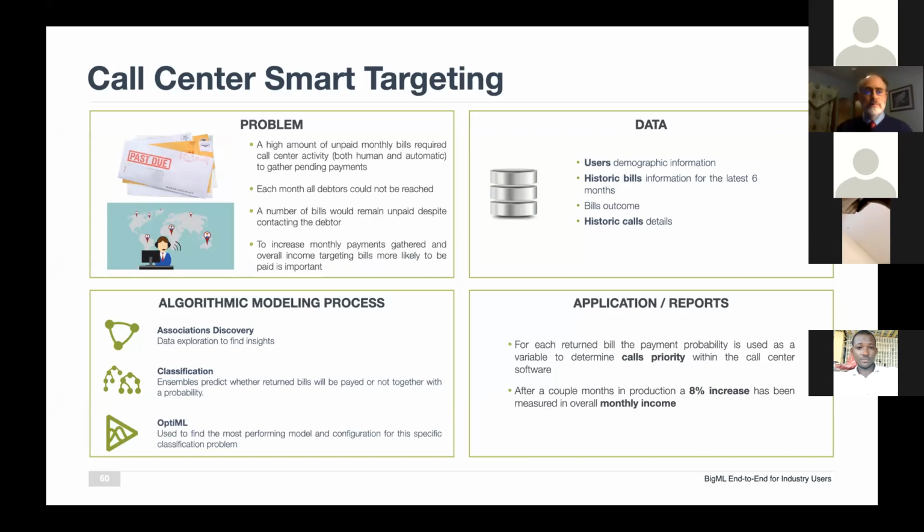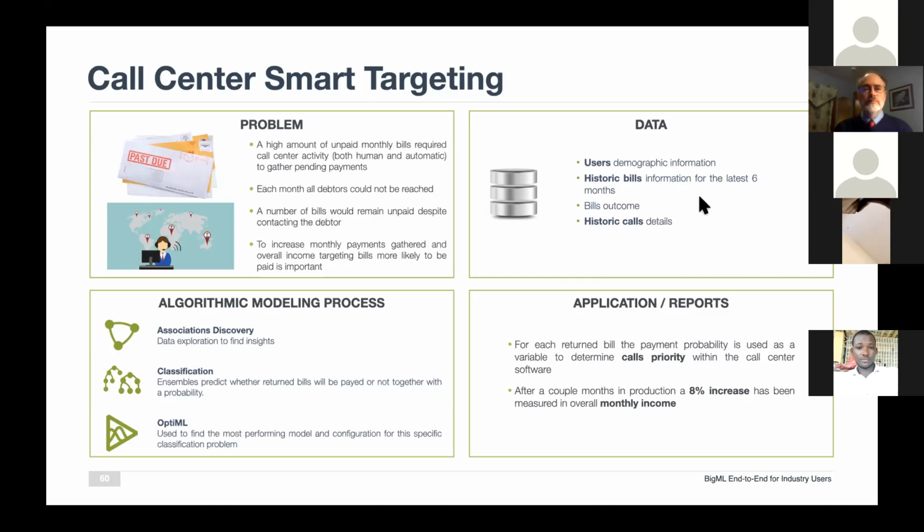They were using human and also automatic callers, but the machines were not able to go through all the calls. So the idea is targeting the calls, predicting whether each bill has a probability to be paid or not, and using that KPI in the prioritization of calls.